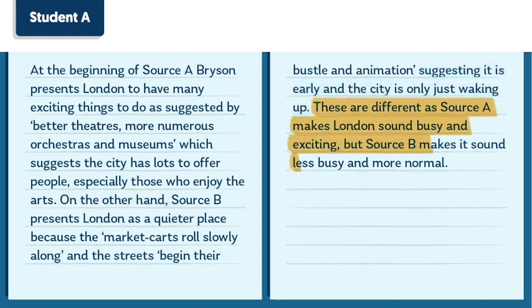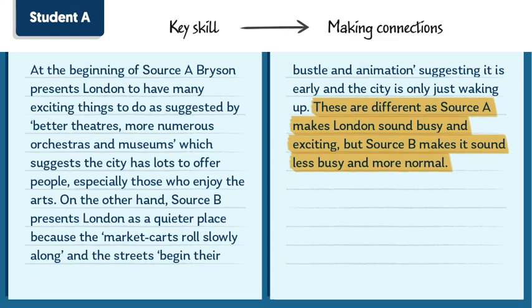The paragraph then ends with some synthesis by bringing the two sources together and summarizing how London is presented differently in both sources. Making the links with "on the other hand" and "quieter" in the answer, and then finishing with a sentence like this, reinforces that key skill of making connections, and this student would be awarded a level 3 for this response, which is 5 to 6 marks out of 8.